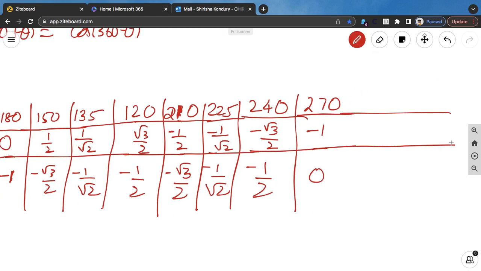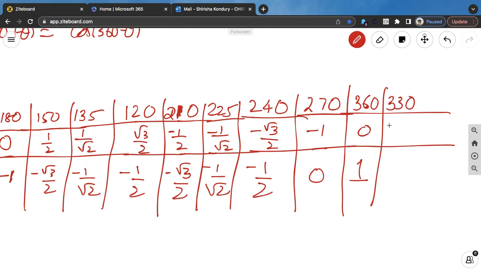Well, if I know sine of 0, I know sine of 360 minus 0. I know cos of 360 minus 0. I know sine of 360 minus 30. I know 360 minus 45.